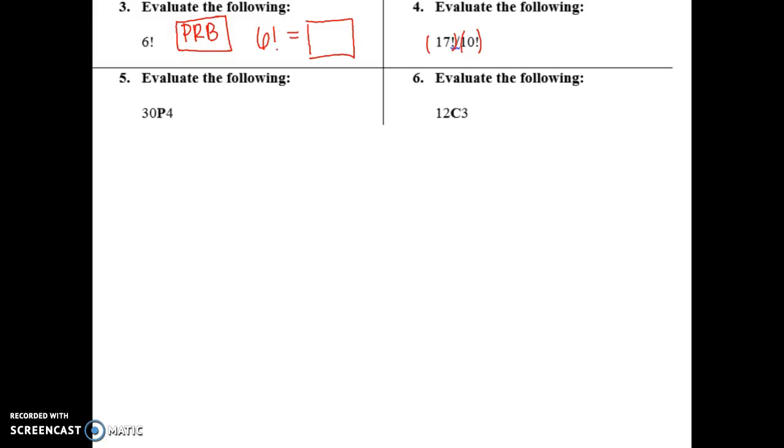For 5 and 6, this is just permutations and combinations. We're not reading anything. We're not determining anything. You guys just have to hit that probability button. 12 goes first, hit the probability, then 3, click enter. So your screen should look a little bit like this.